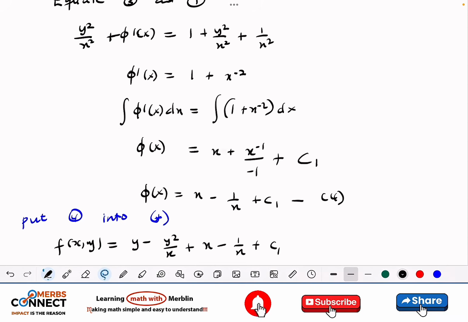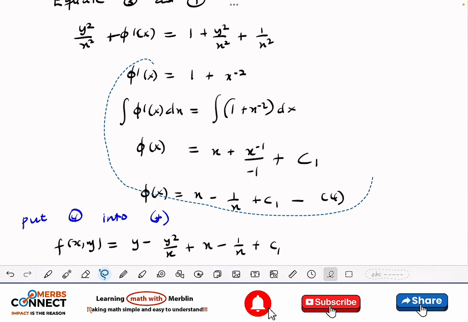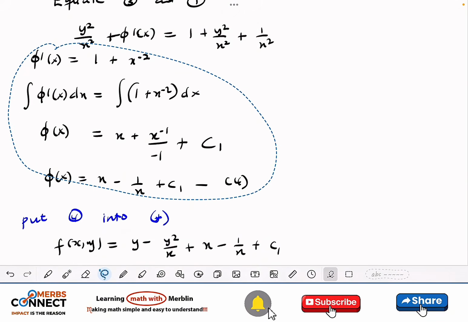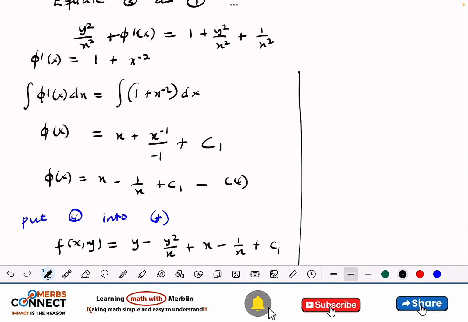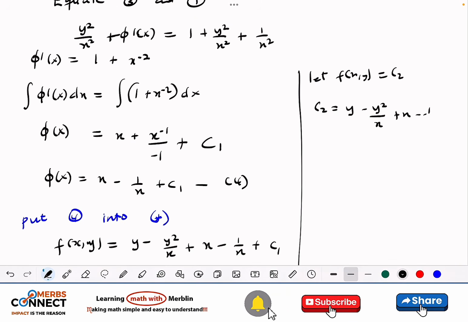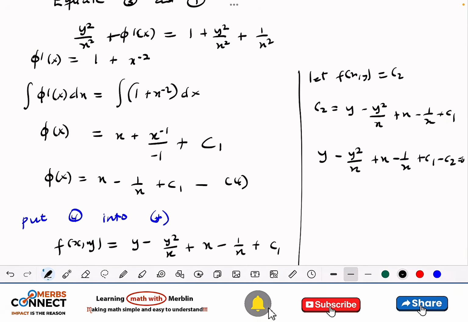So what we just need to do is set f of x y to be equal to c2. So we are going to have c2 equal to y minus y squared divided by x plus x minus 1 over x plus c1, and this is y minus y squared divided by x plus x minus 1 over x plus c1 minus c2 is equal to 0.